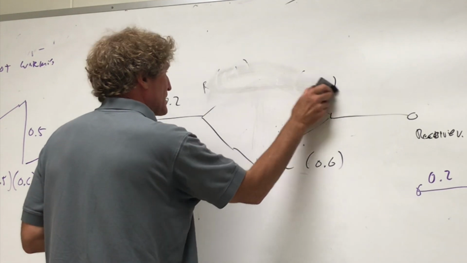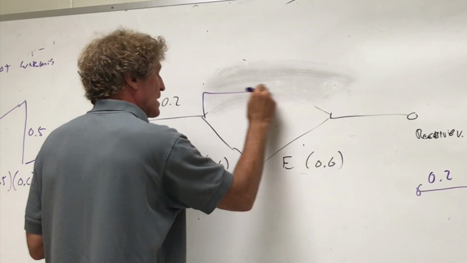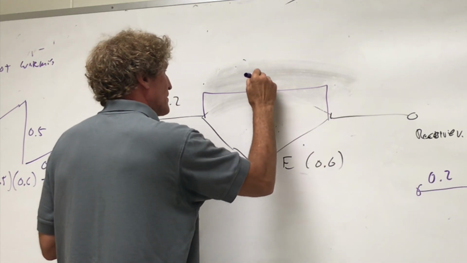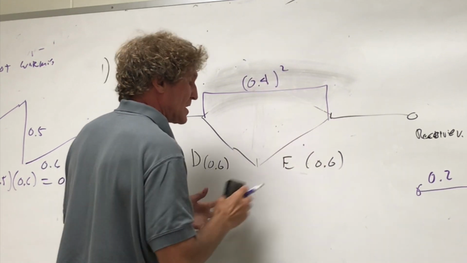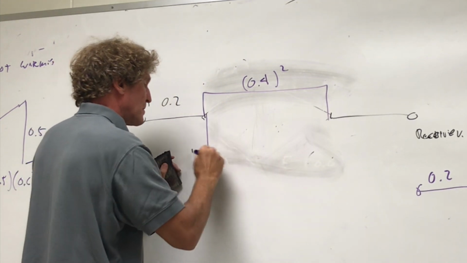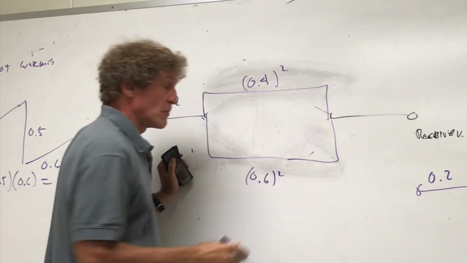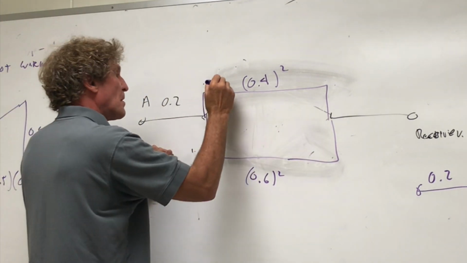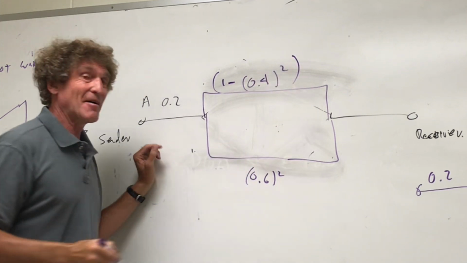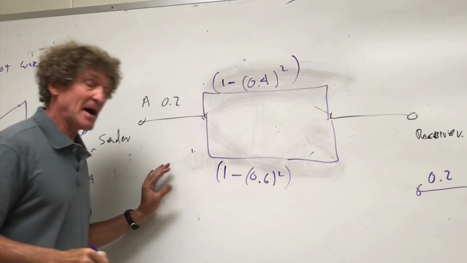So this whole top leg can be replaced by 1 and 0.4 squared. Likewise, the bottom one can be replaced by 0.6 squared of it working. Now, 1 minus that is the probability of that one not working, and 1 minus that is the probability of that one not working.